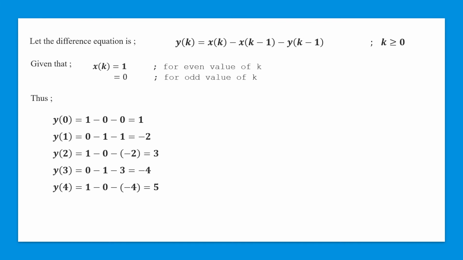Then the value of y(0) will become 1. The value of y(1) is minus 2. The value of y(2) we can easily find in the same manner, that is 3. The value of y(3) is minus 4, and the value of y(4) is 5, and so on.